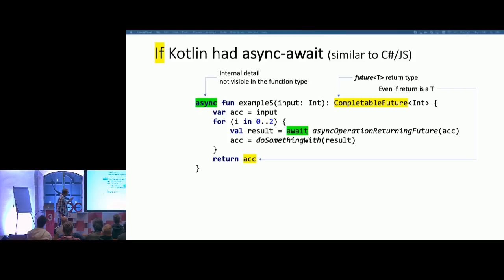And that async there is an implementation detail. And that aspect is going to be important when we compare it with Kotlin. So the async doesn't show up on the caller. It's just me informing the compiler that the compilation of this function needs to be done a little bit differently so that I can use the await operator.